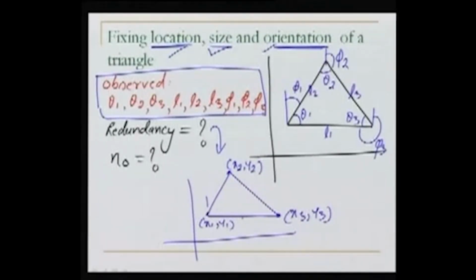All these are fixed. So only by 6 observations, we will say our n naught is equal to 6.